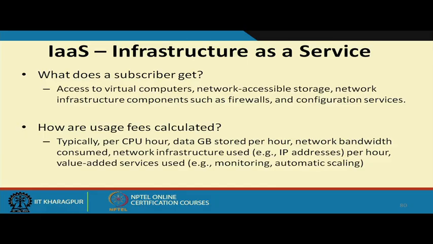So, as we have seen, IaaS or infrastructure as a service. From the subscriber point of view, what does the subscriber get? Access to virtual computers, network accessible virtual storage, network infrastructure components like firewall, configuration services, etc. So, as a subscriber, I get access to a virtual machine, or a set of machines, and then I may want that particular machine with particular storage and other configurations.